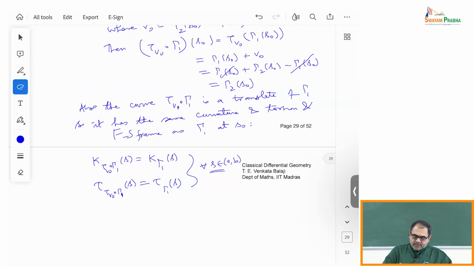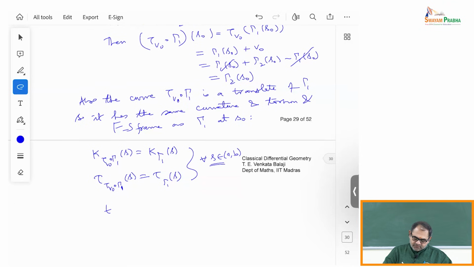But at S naught, what happens? You see, at S naught the Frenet-Serret frames. So I can also write it for every point, even for the Frenet-Serret frame.